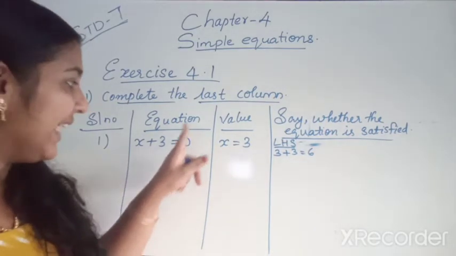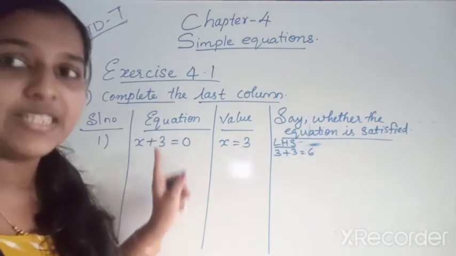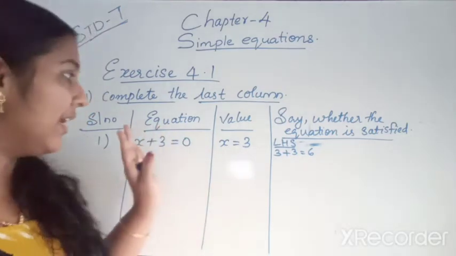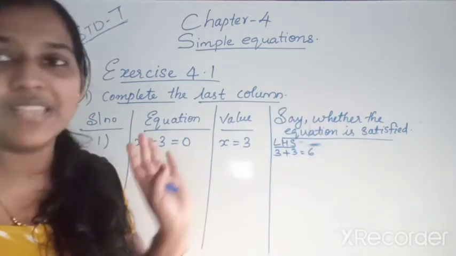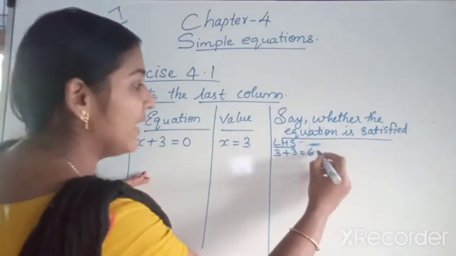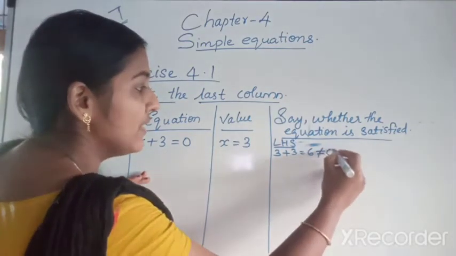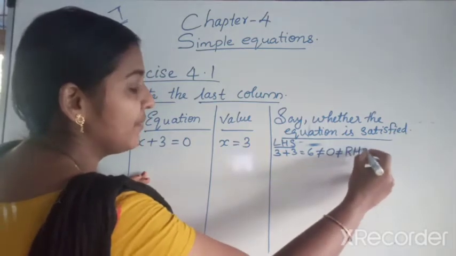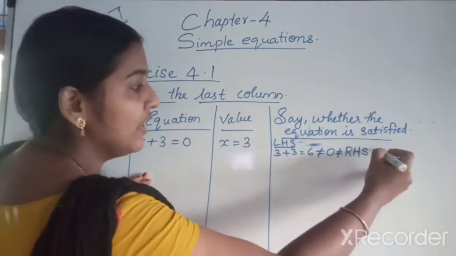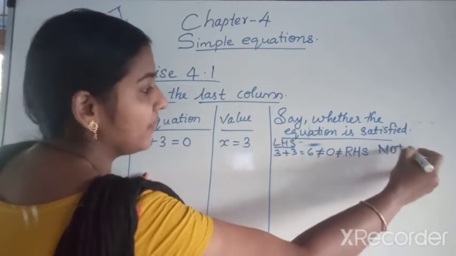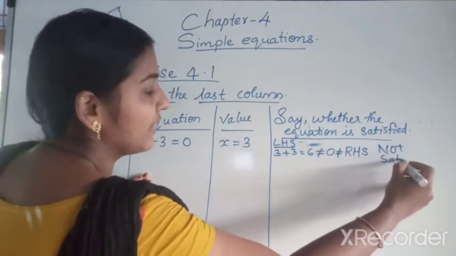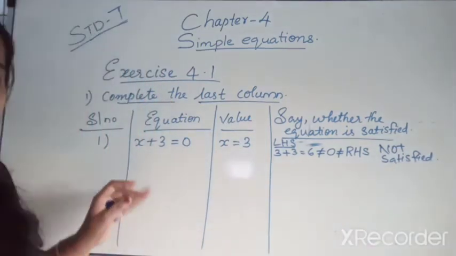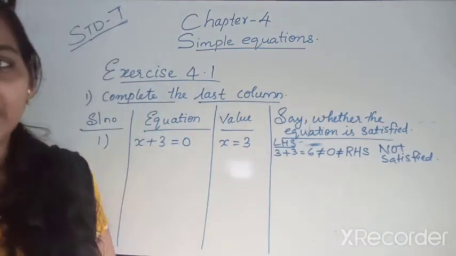That means the value of LHS is not equal to the value of RHS, so this equation is not satisfied. You can write here, not equal to 0, that is not equal to RHS. So you can write it is not satisfied. Clear, children?